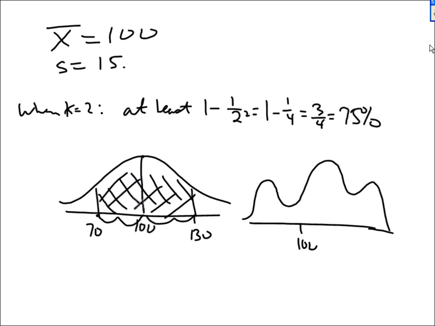If the mean is right here, and here's 70, and here's 130, well, at least 75% of the scores lie in there. It might be less, but it will never, ever, ever be lower. And if it is lower, Chebyshev's theorem is wrong. And since I know how to prove it, and since it's been around for a couple of centuries now, it's true, it works.